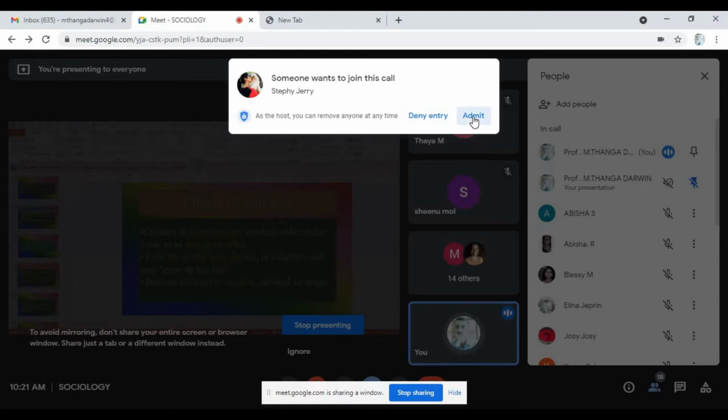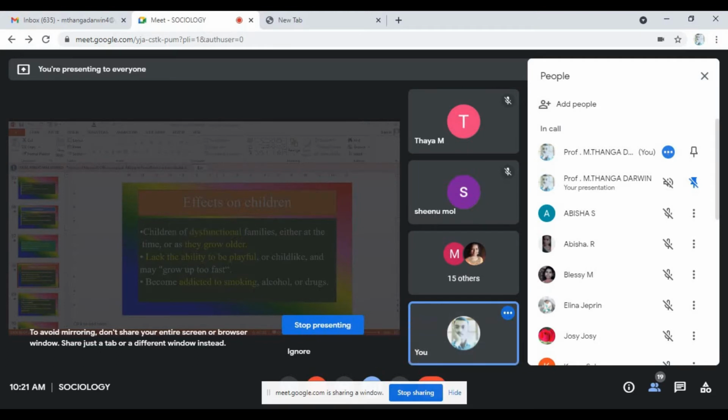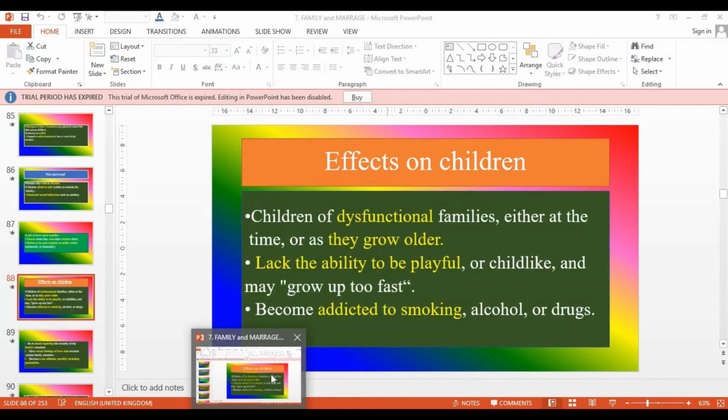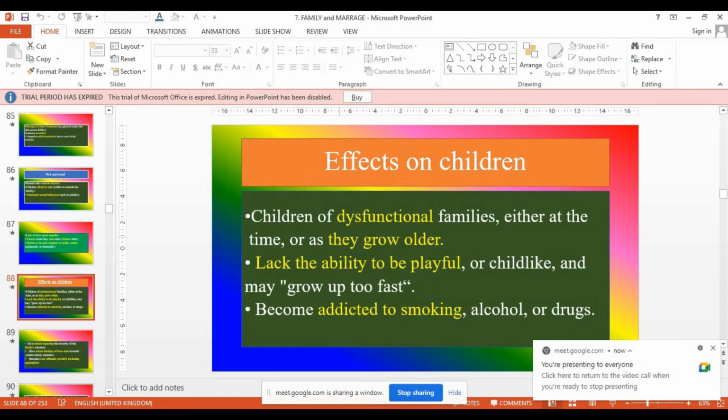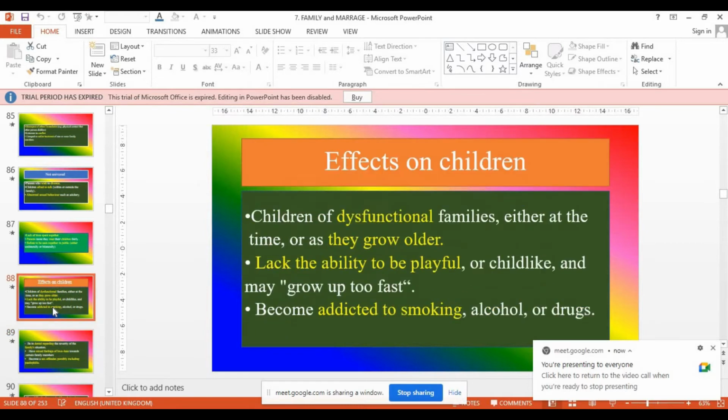If any family has disorganized characteristics, the children find it difficult to play or to enjoy their life.